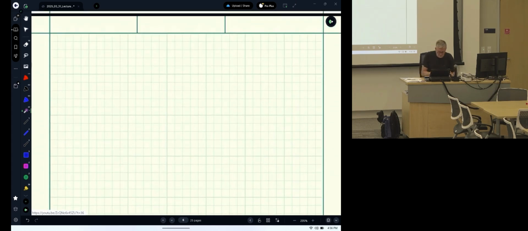Okay, so let's define the Laplace transform.